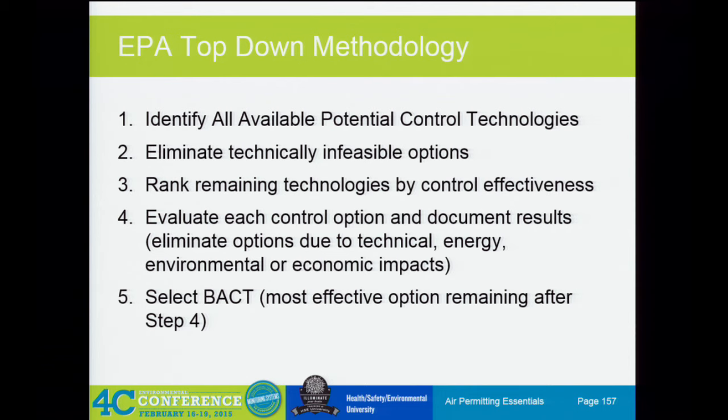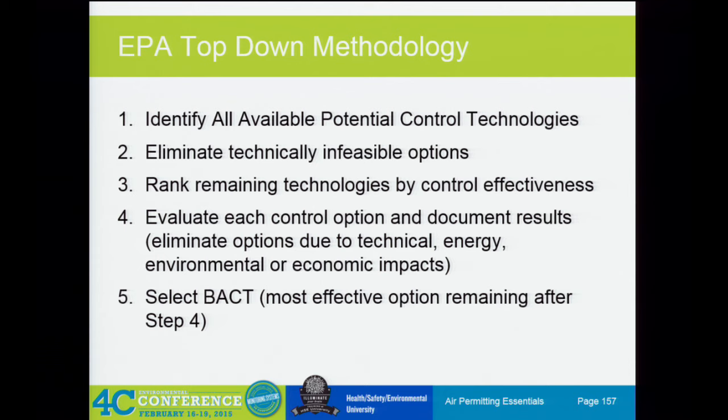In this case, step 4, you're eliminating your options due to technical, energy, environmental, or economic impacts. So at this point, once you've removed all the technically infeasible options, you're looking at environmental and economic impacts that would eliminate control options. So let's say whatever control technology you're using is going to be emitting additional chemicals.